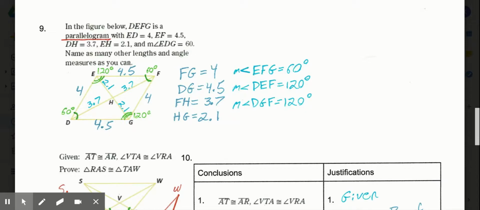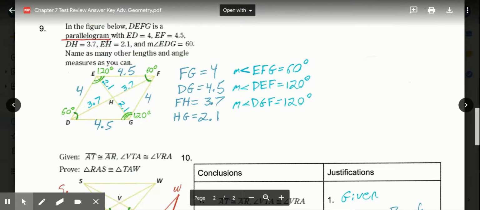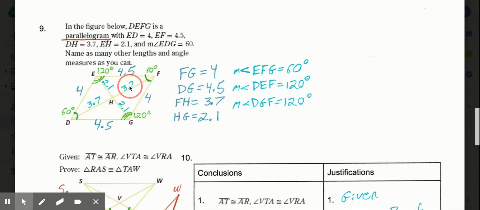So the bottom, DG, is also 4.5. Then they gave us DH being 3.7. So the other part of that diagonal is also 3.7. So FH is 3.7.